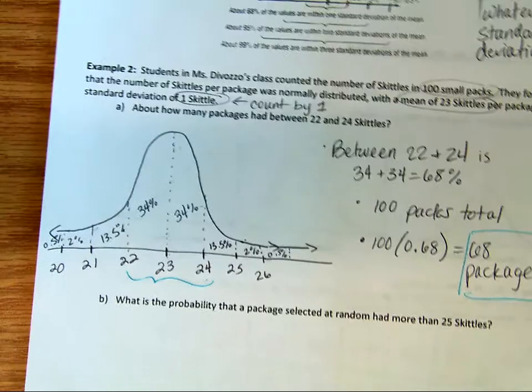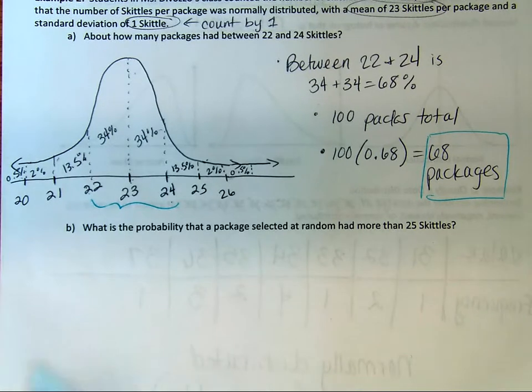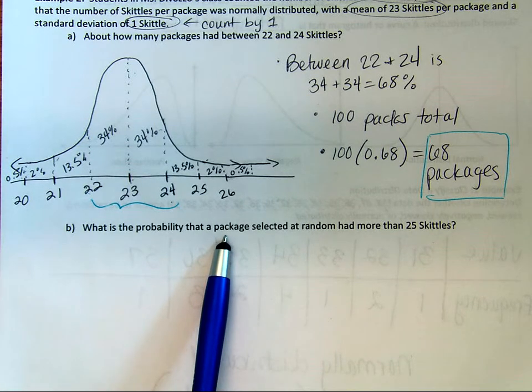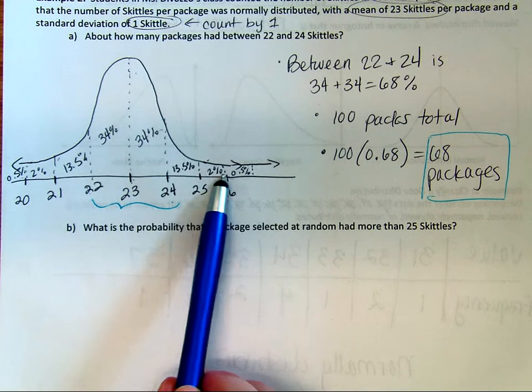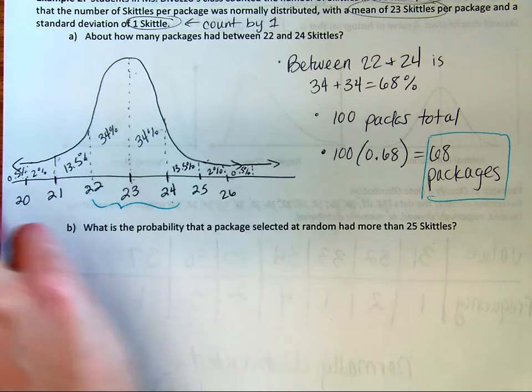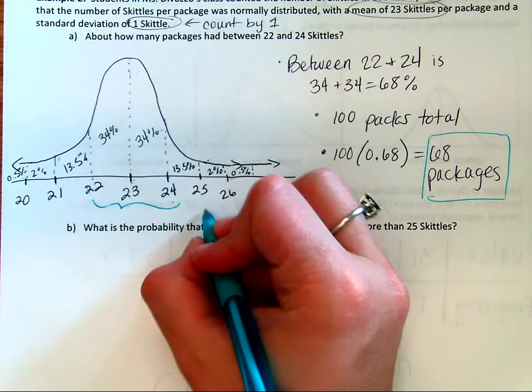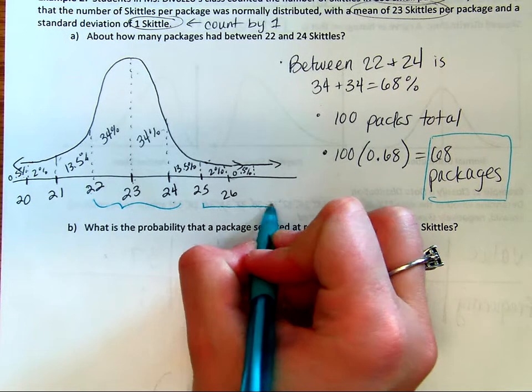Okay. And then now I have a probability question. So it says, what's the probability that a package selected at random had more than 25 Skittles? So here's 25. More than 25 is anything over here. So I'm now looking at this area, kind of going on that way forever.